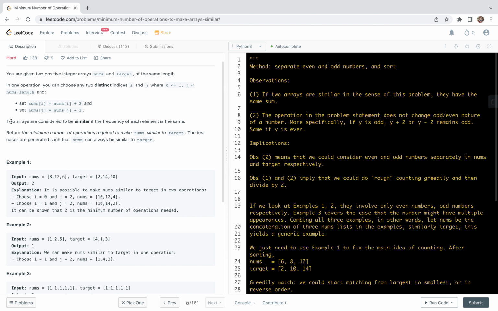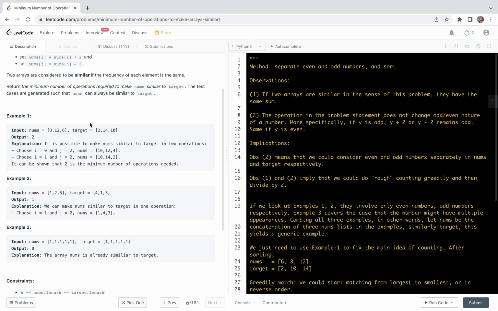So this definition of similarity says that the two arrays contain the same elements counting the frequencies, but we do not care about the order, right? So that's the implementation of this definition.